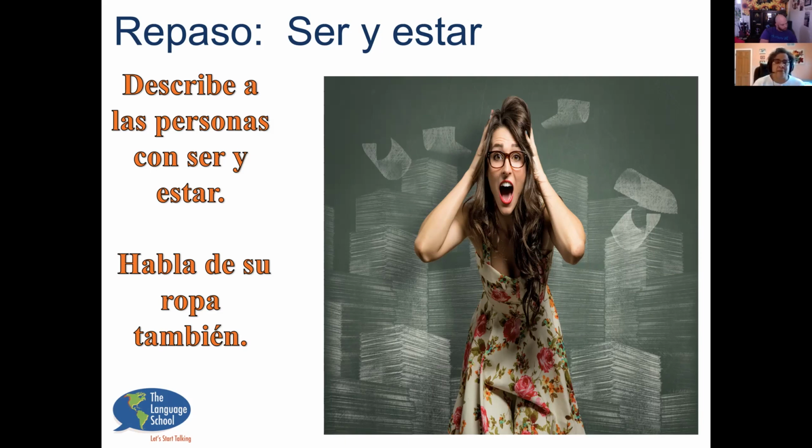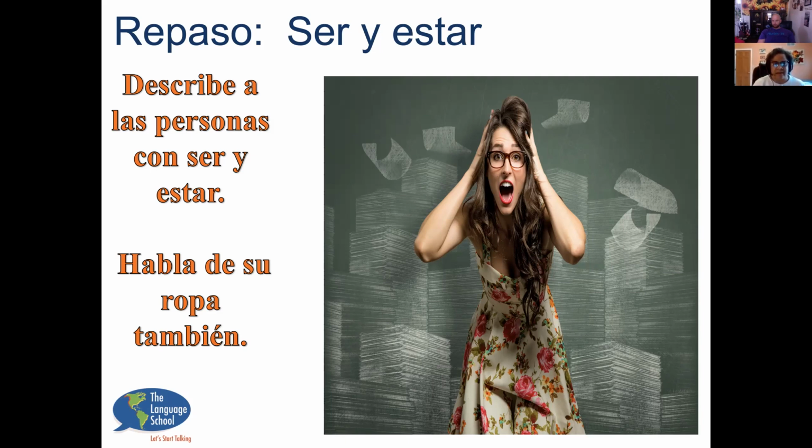Su vestido es... I don't know, algodón, quizás. I'm struggling with how to use ser and estar to talk about her clothes.